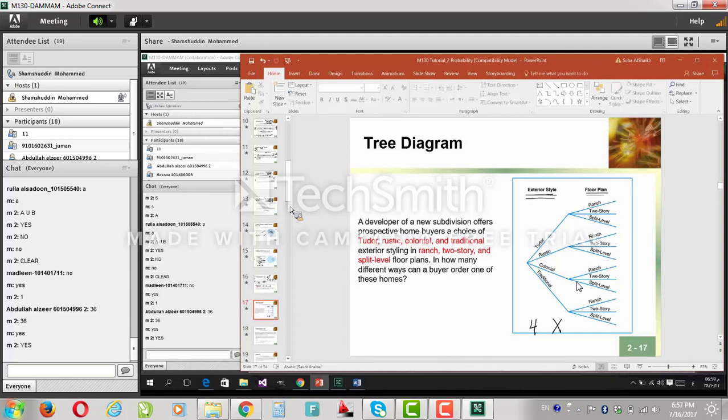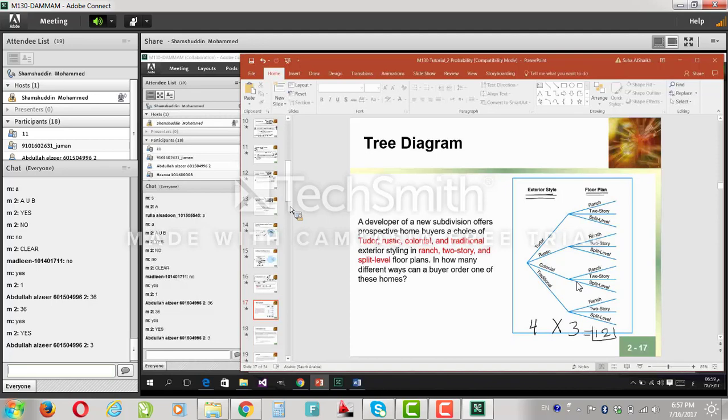For the second thing, which is the floor plan, the letters cannot be alike.